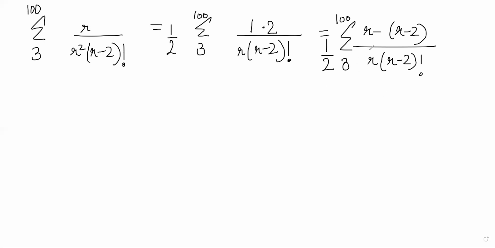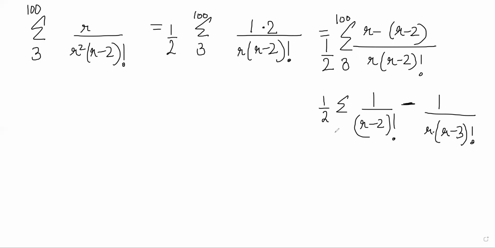And this can split now as 1 by (r minus 2) factorial minus, r minus 2 will cancel, and this will become 1 by r into (r minus 3) factorial, right? Correct. And half summation 3 to 100, right? This is the same thing as the original summation.